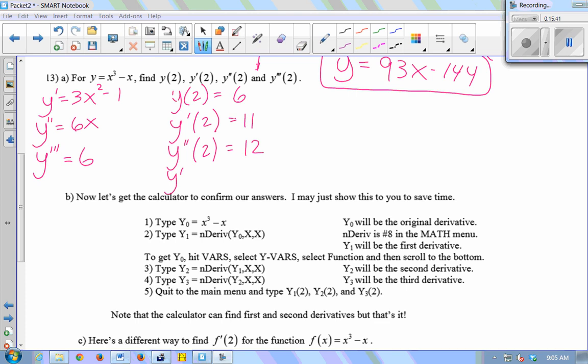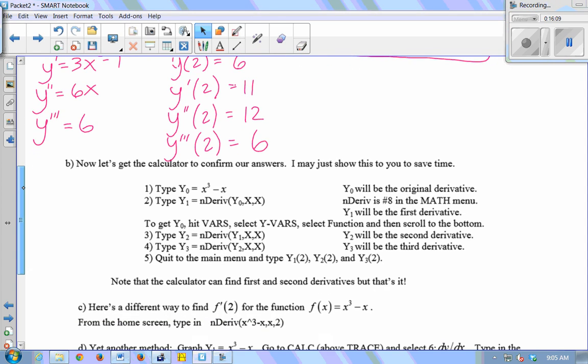And y triple prime of 2, no matter what I plug in, is going to be 6. That make sense? Okay, so I'm going to show you how to use your calculator to get these numbers, the 6, 11, 12, and 6. Just to confirm, not that this was that difficult, but it's nice to have a backup confirmation to your own calculations.